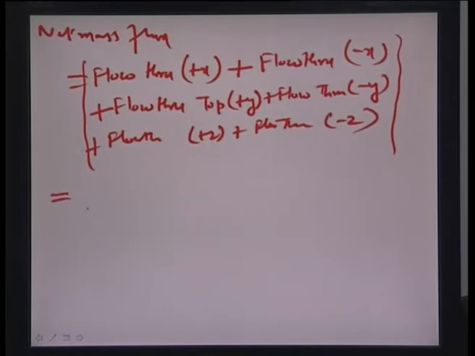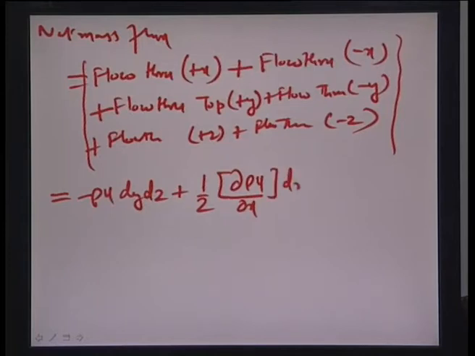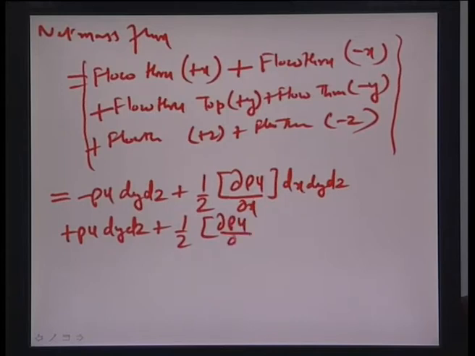So, that comes out to be equal to minus rho u, and I am just borrowing these from the earlier expressions that we have derived, minus rho u dy dz plus half of del rho u by del x times of dx dy dz plus rho u times of dy dz plus half of del rho u by del x times of dx dy dz, plus we have similar terms for the y plus y minus y and plus z minus z directions. Let us write them down.